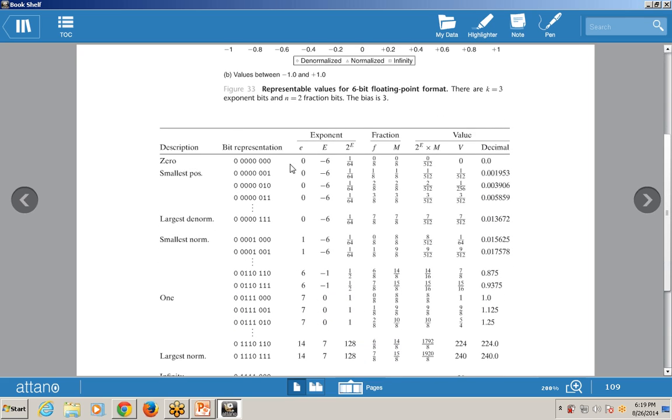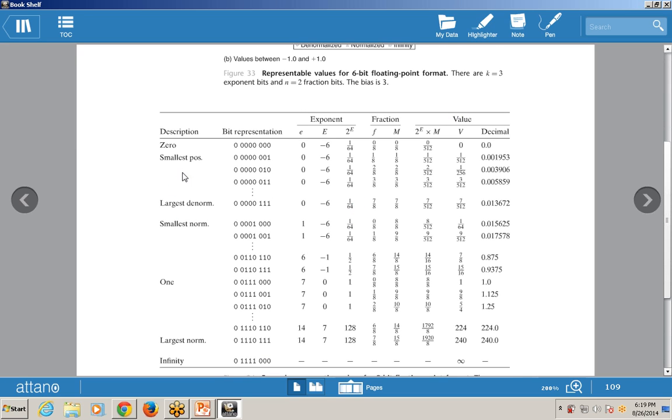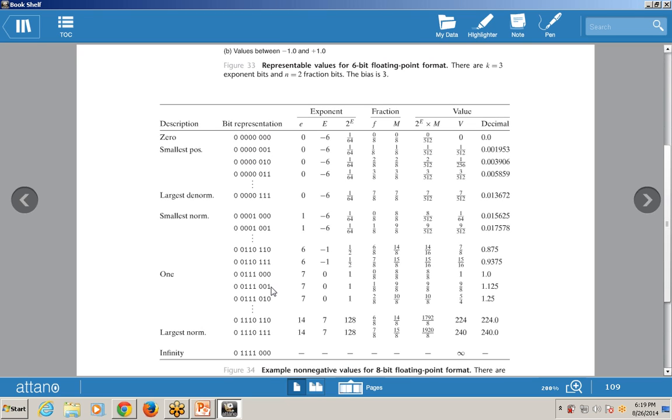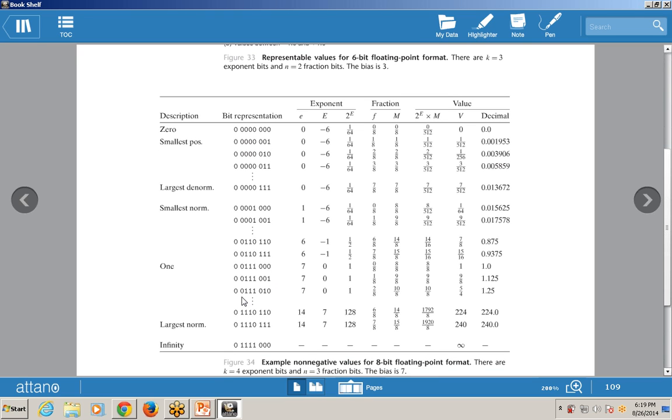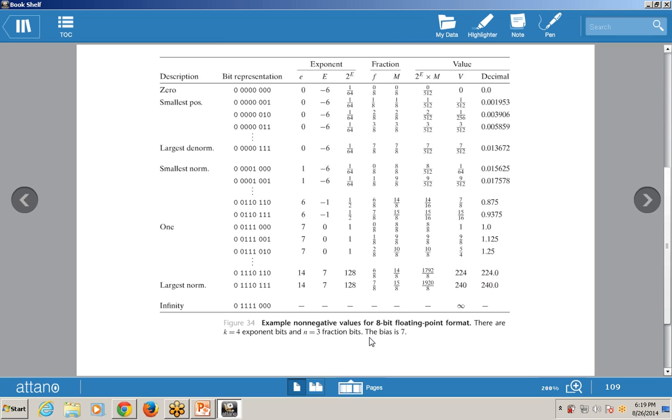This is the bit representation. This is the exponent part, this is 2 to the e. This is the exponent part, this is the fraction part, and this is the value part. This is the smallest denormalized, this is the largest denormalized, smallest normalized, 1, largest normalized, that is infinity.